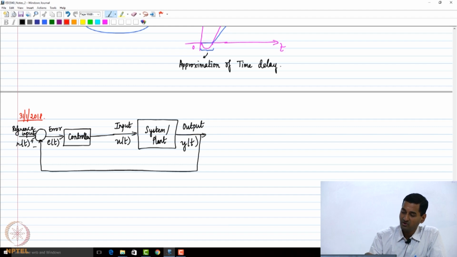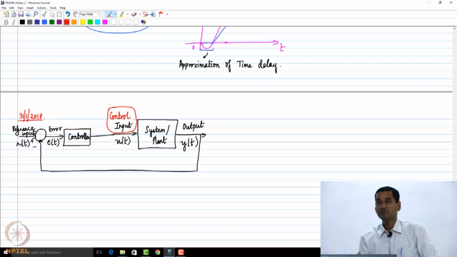Once the controller calculates the input that is provided to the system, the input to the system is called the control input.